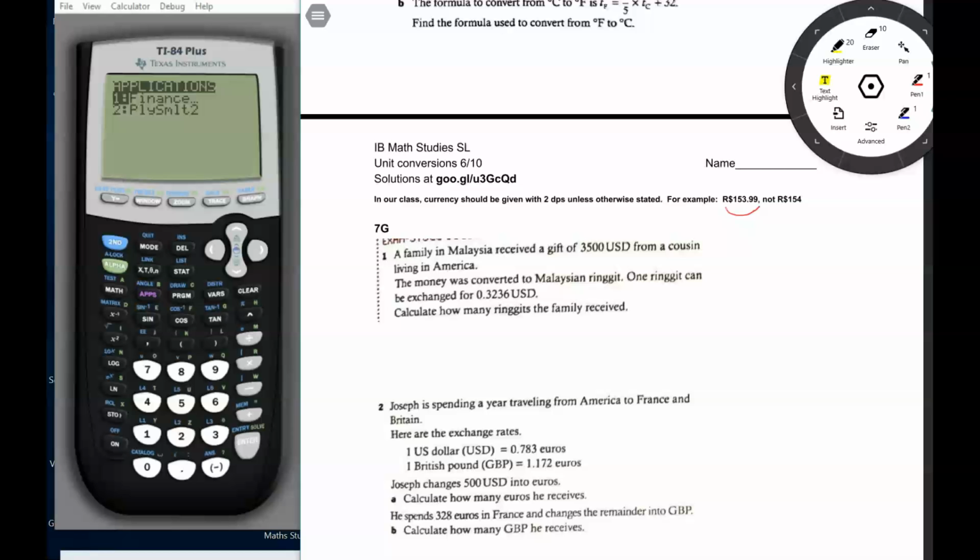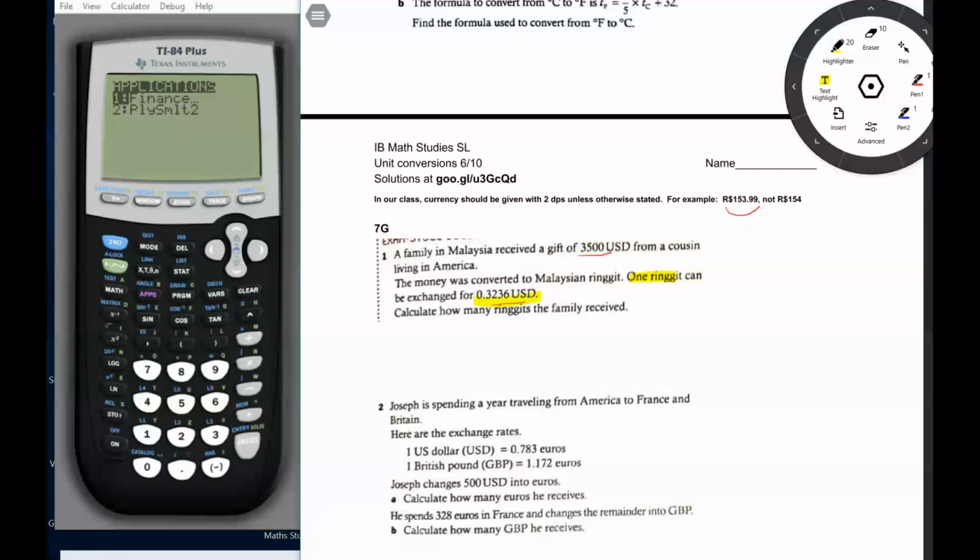All right. A family in Malaysia received a gift of $3,500 from a cousin living in America. The money was converted to Malaysian ringgit. 1 ringgit can be exchanged for 0.3236 US dollars. So this is a domino, right? Calculate how many ringgits the family received.